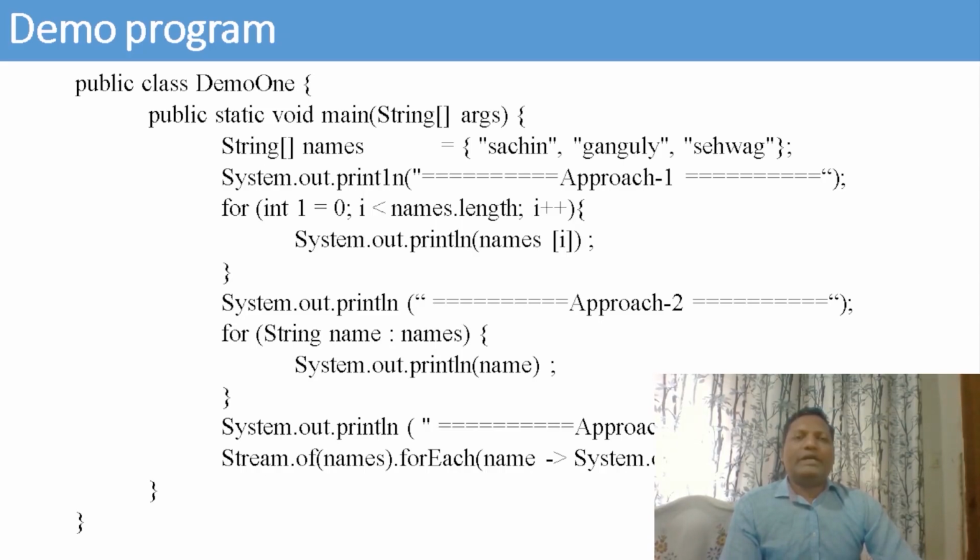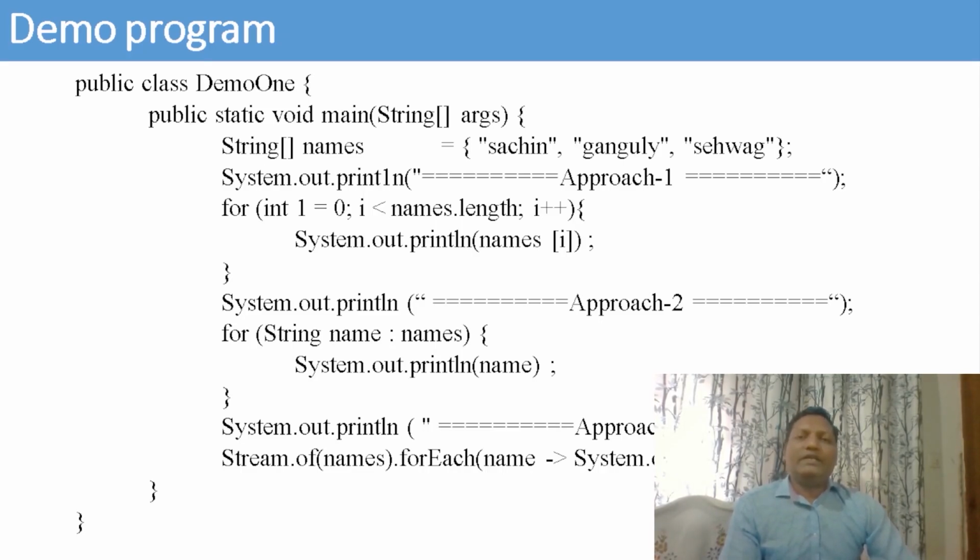Stream of names, names is my array. I am passing the array as input to create this stream. In the forEach method, by using a lambda expression, I am printing that name. You can traverse the array in multiple ways: for loop, for each loop and by using streams.